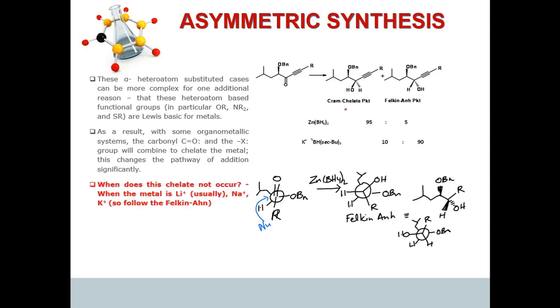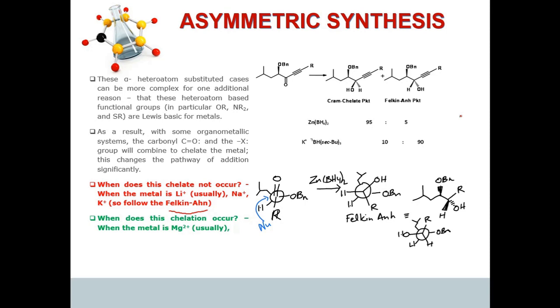When does this chelation not occur? When the metal is lithium and sodium and potassium, or when the oxidation states are +1, the reaction follows a Felkin-Anh model. Now, when does this chelation occur?